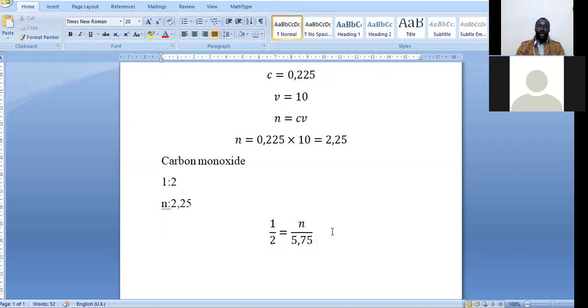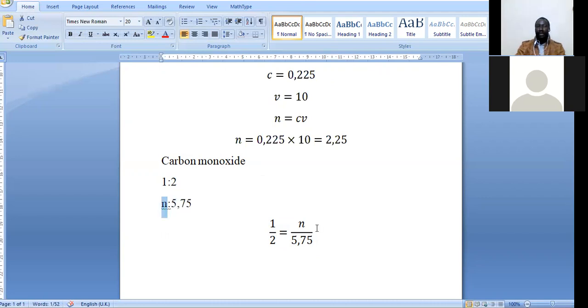So for every 1 mole of carbon monoxide, there are 2 moles of hydrogen. If we have 5,75 as the number of moles, can we find the value of n? Yes.